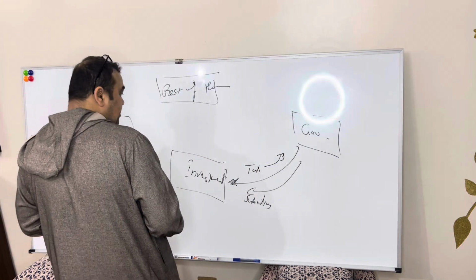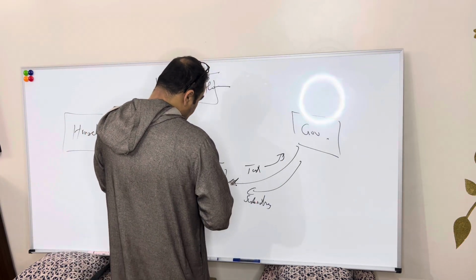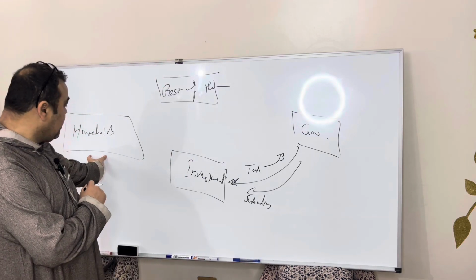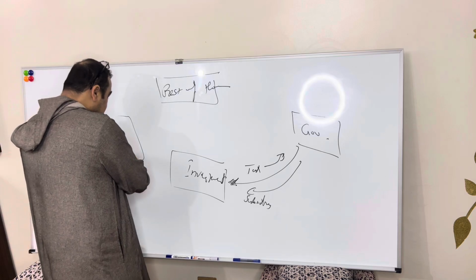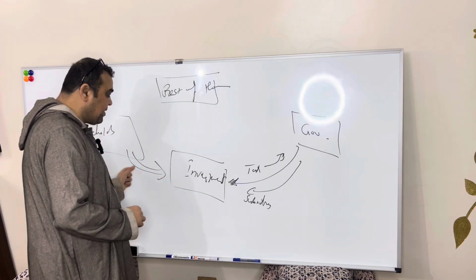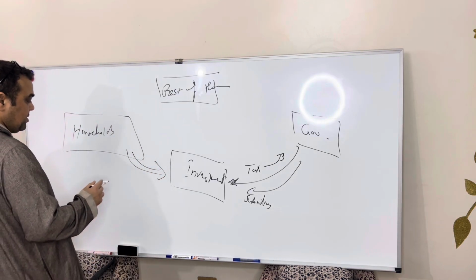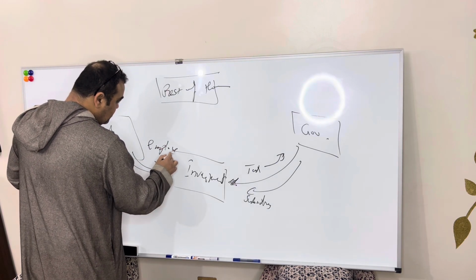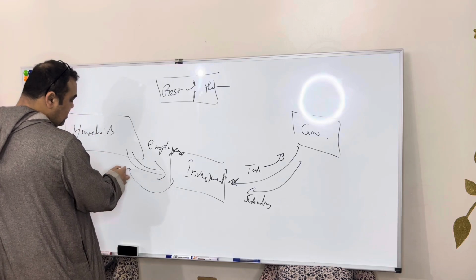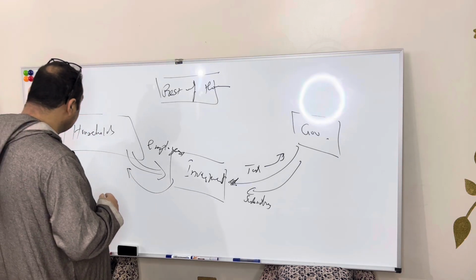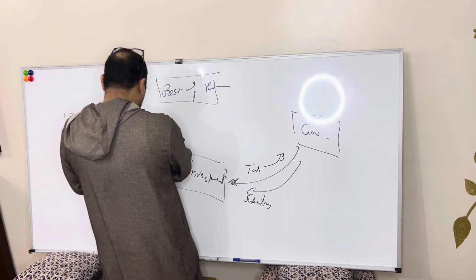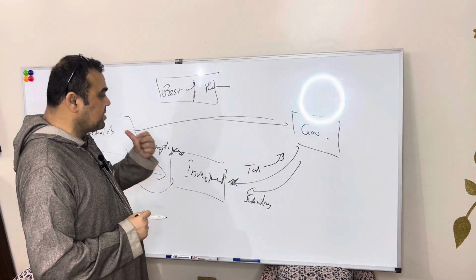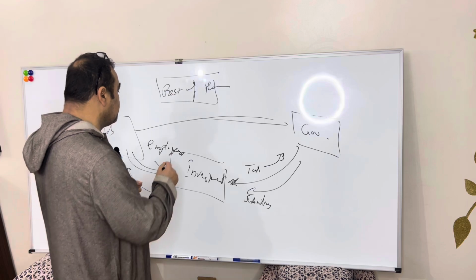The relationship between the household and the investors: they provide the business sector with employees, and they get salaries. The relationship between the households and the government: they pay taxes and get transfer payments.